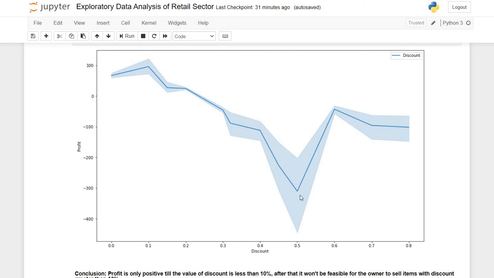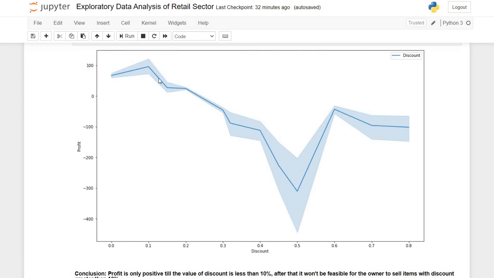Now, if the discount is even more, and the product has expired and the sales owner wants to sell it, he has to give more discount, right? So he will be giving around 60% discount and trying to break even, but even then he will incur loss.